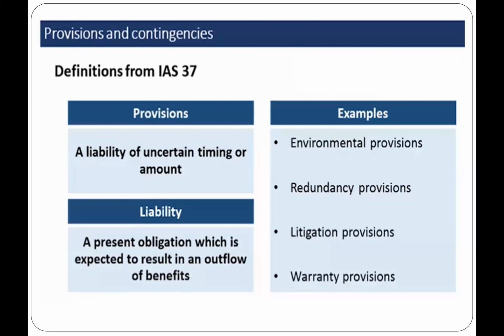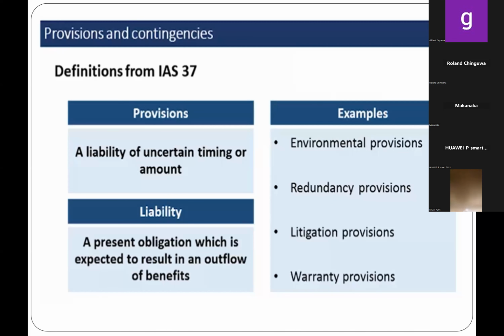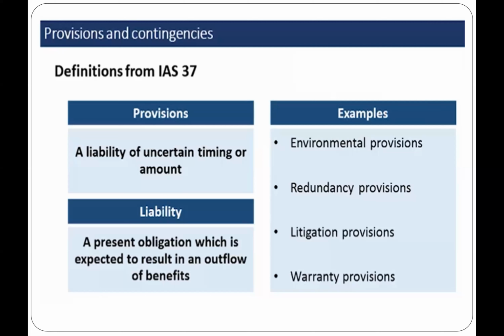I want to first start by talking about liabilities so that you can get the perspective of what we are talking about. You would already know that a liability is a present obligation that arises as a result of a past event from which a future outflow of benefits is expected.